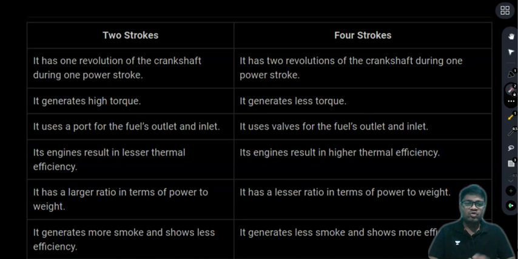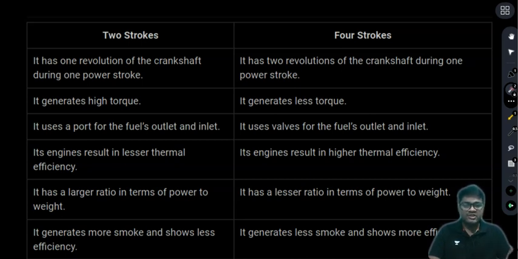So if we are talking about four-stroke engines, each of these processes happens during a single stroke. But in two-stroke engines, one stroke will do 2 processes, right? So this is how all these 4 processes get completed during 2 strokes.